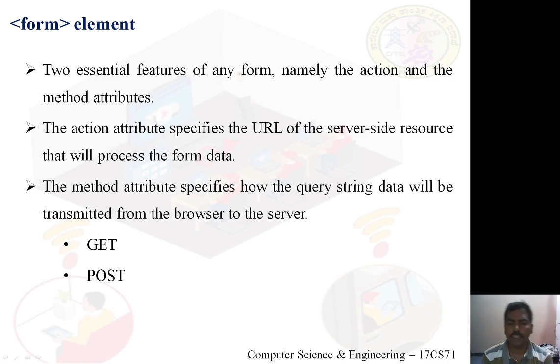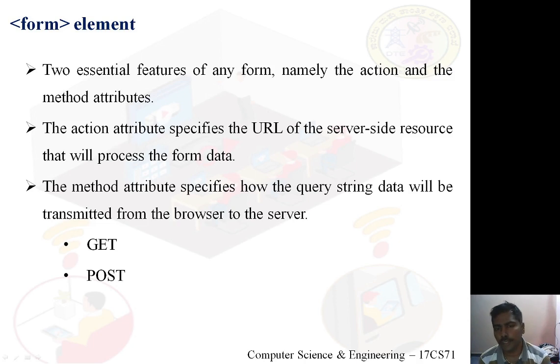Then what is the method attribute? The method attribute specifies how the query string data will be transmitted from the user's browser to the server. I repeat, the method attribute specifies how the query string will be sent from the browser to the server.